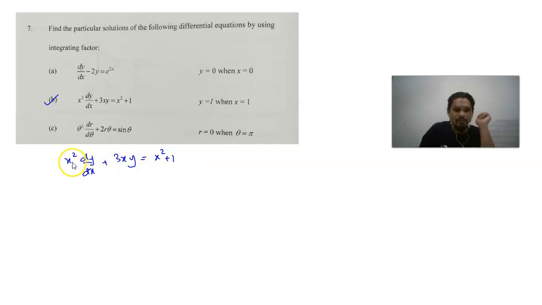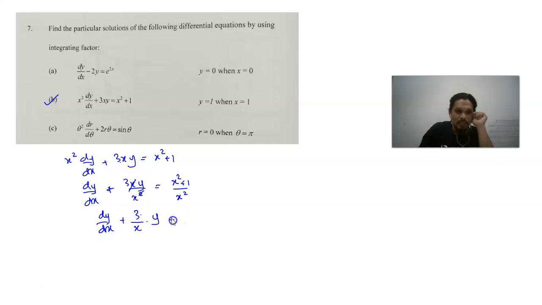Then divide by x squared everywhere: dy/dx plus 3xy divided by x squared equals (x squared plus 1) divided by x squared. Cut one of the x's, so dy/dx plus 3 over x times y equals (x squared plus 1) divided by x squared.